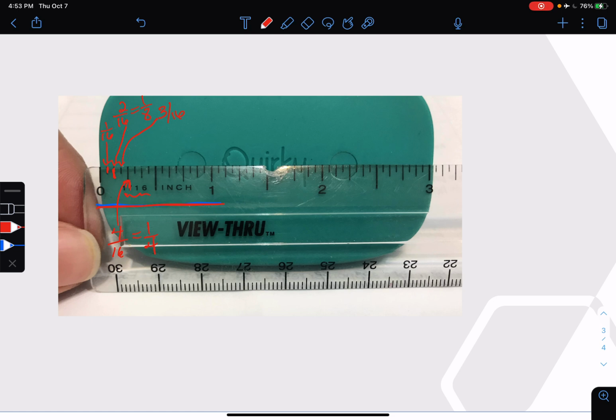Now we have 5/16 here, and we have 6/16 here, which reduces to 3/8. And then right here, we have 7/16. And then here we have 8/16, which reduces to 4/8, which reduces to 2/4, which reduces to 1/2.